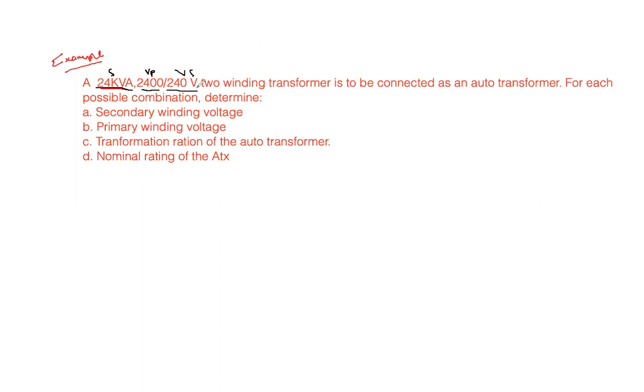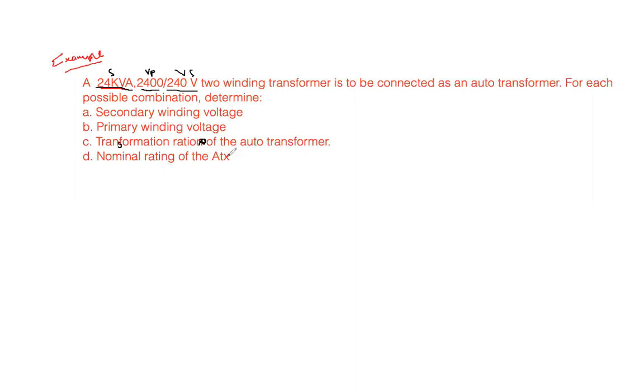Now we want to connect it as an autotransformer, and we said there are four ways in which it can be connected. For each of those combinations, you need to calculate the secondary winding, the primary winding, the transformation ratio, and the nominal rating of the autotransformer.